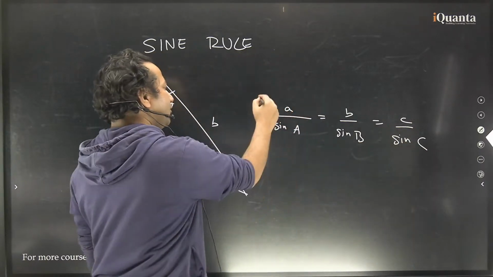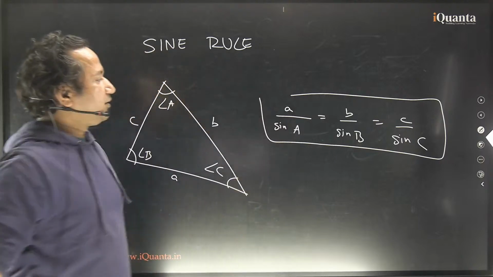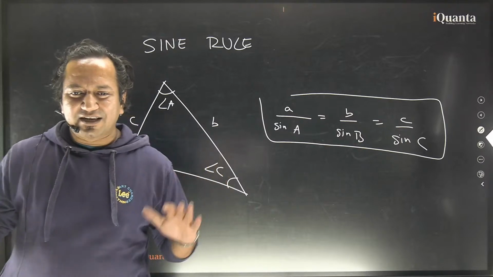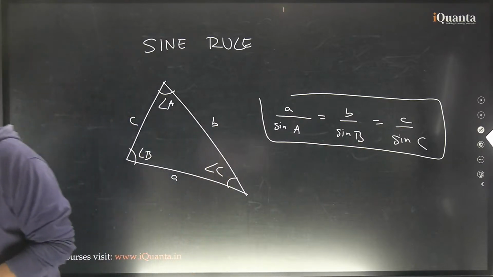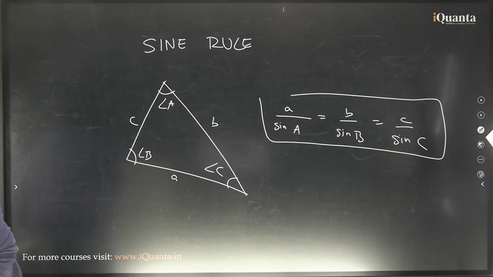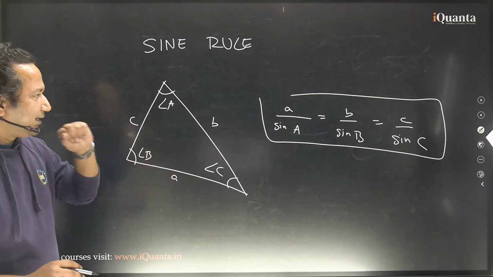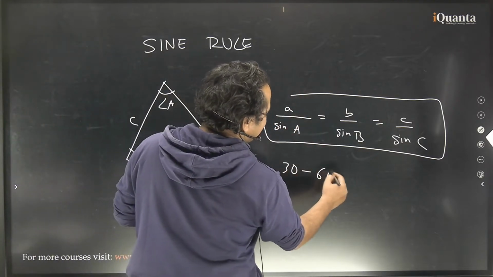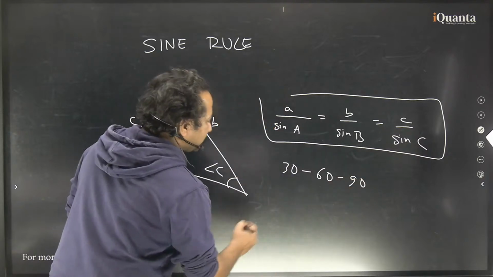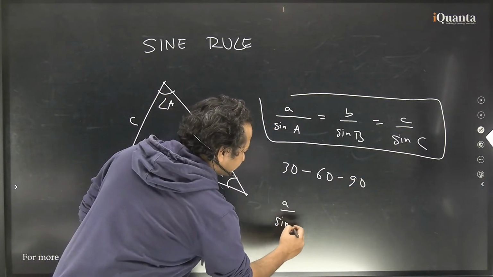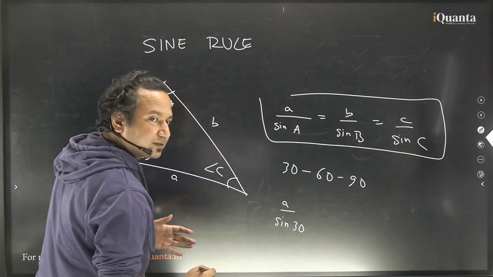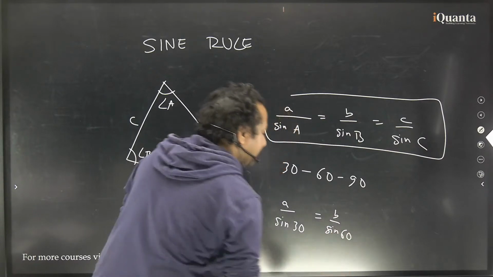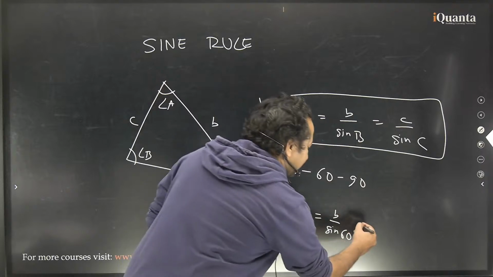Now, how would this help you? The problem is that we need to remember the ratios of 30, 60, 90 triangle, and 45, 45, 90 triangles. For example, if you want to find the property of 30, 60 and 90 triangle, just write A upon sine 30, B upon sine 60, and in case you are not able to remember it, C upon sine 90.